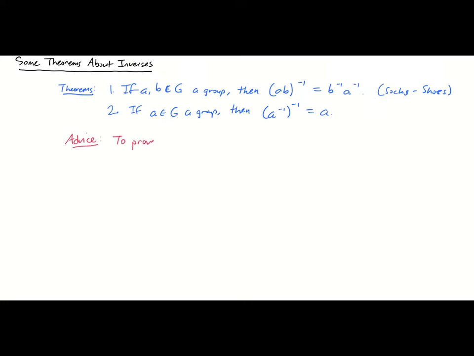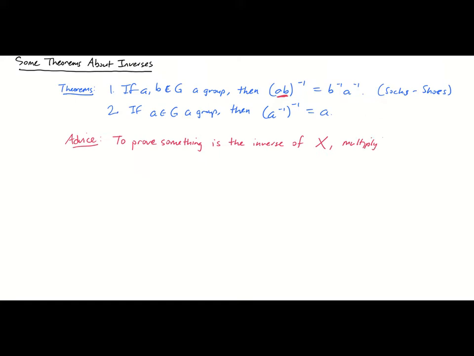To prove something is the inverse of X, and I'm putting X as a capital letter because X will stand for a group element no matter what, but maybe X is some fairly complicated expression like AB. Now, that doesn't mean that X isn't a group element. What I've underlined there, it's not just a product of two group elements. It is a group element because the operation has closure. But to prove something is the inverse of X, do this.